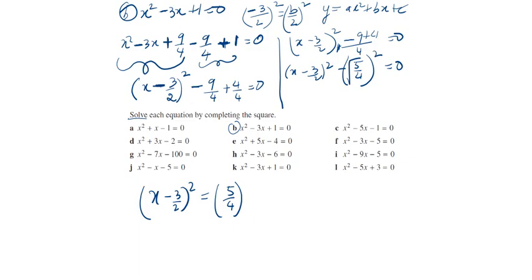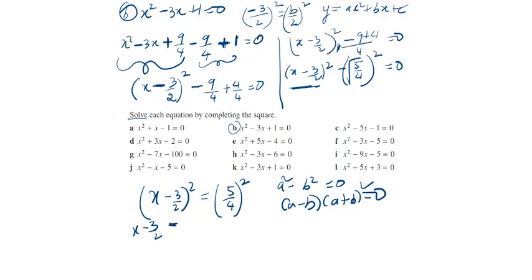and then take the square root, or I can use the form a squared minus b squared is equal to 0, which implies that a minus b into a plus b is equal to 0. So I'll apply that to this. My a here is x minus 3 by 2.